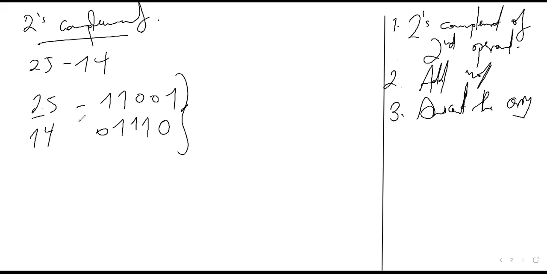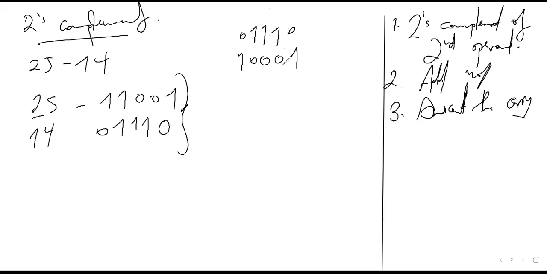Right. Now, how do we go about this? Step number 1, 25 minus 14. The 2's complement of the second operand. Second operand here is 14. This is 0, 1, 1, 1, 0. How do we find the 2's complement of that number? Step 1, we invert: 1, 0, 0, 0, 1.